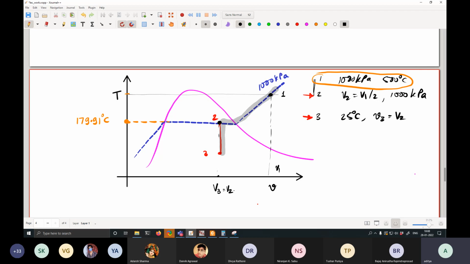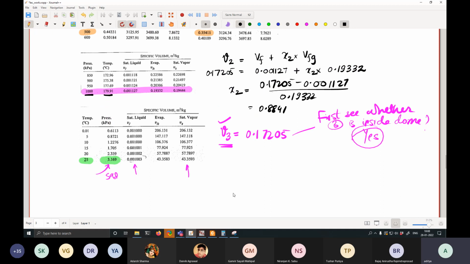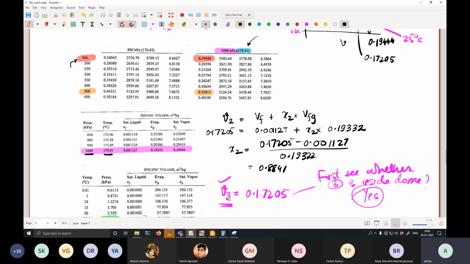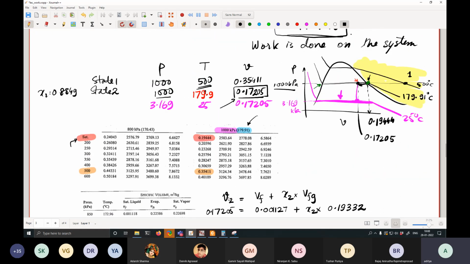Also, before that, we took the specific volume of V2 as something else. It should be 0.17705. Yes, yes. Oh, this was incorrect. Come on. Yes, sir. Wow. I did not expect myself to make the mistake.